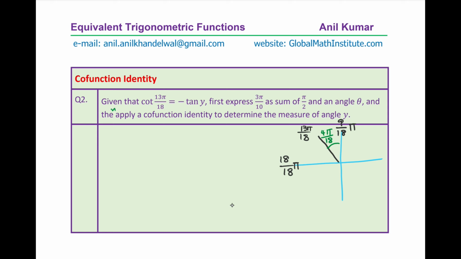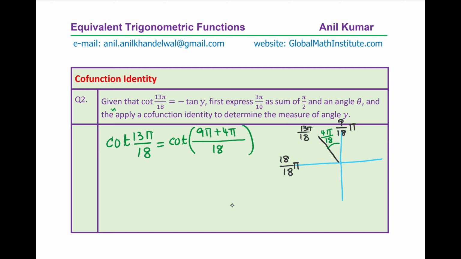So, look here. I can write down cot of 13 pi by 18 as equal to cotangent of pi by 2, which is same as 9 pi by 18. Or let me write 9 pi by 18, right? I'll keep this common denominator as 18. So I have 9 pi plus 4 pi. Does it make sense to you? 13 pi is 9 pi plus 4 pi, and the denominator being 18. 9 is half of 18.